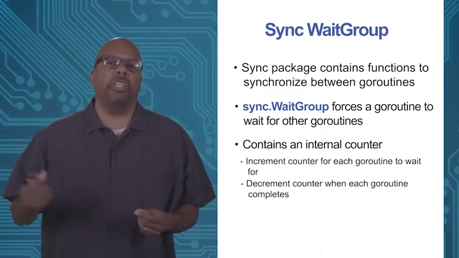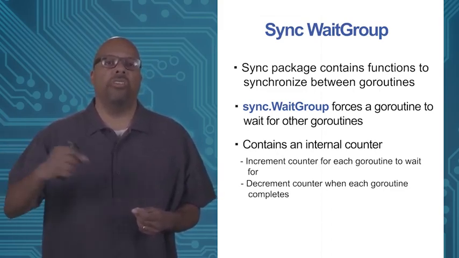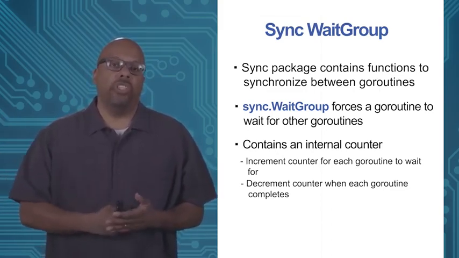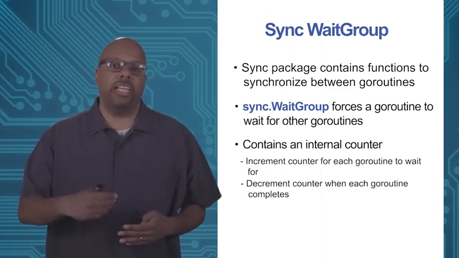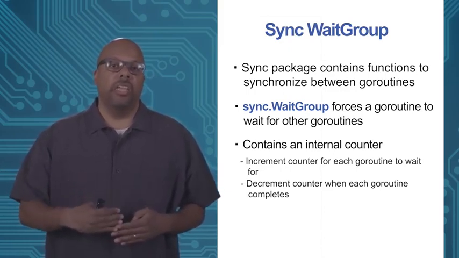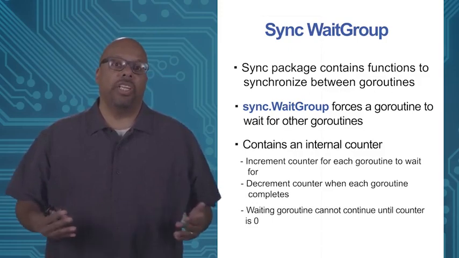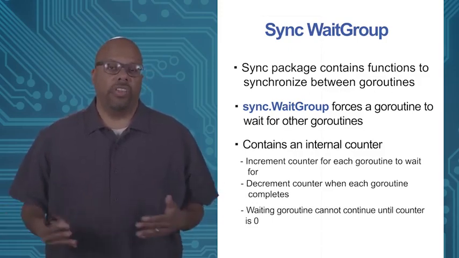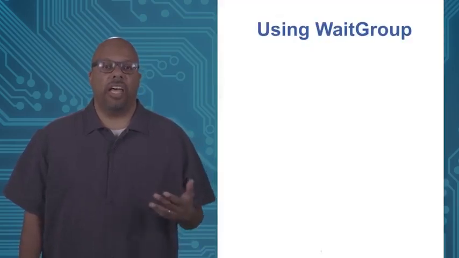Every time a goroutine completes, it goes down from 3 to 2, 2 to 1, 1 to 0. The waiting goroutine can't continue until the counter is down to 0, which means all the different goroutines have completed. That's how the WaitGroup object works, and it has a set of methods associated with it that allow this to happen.